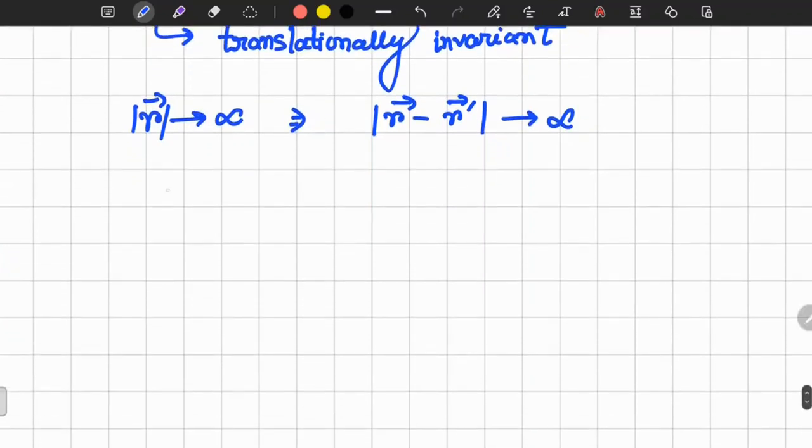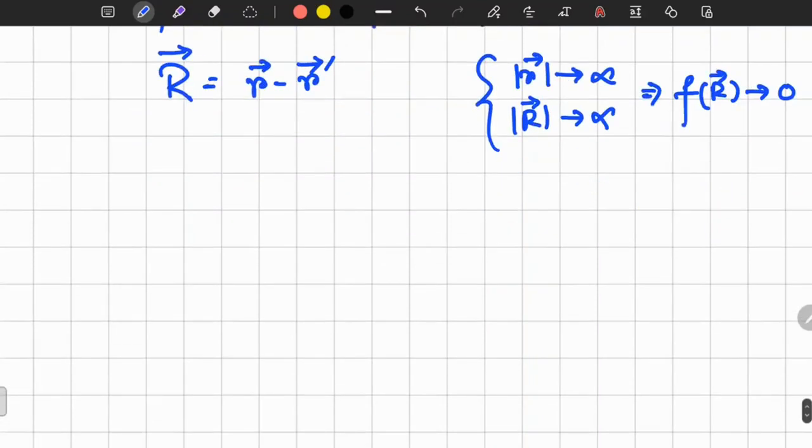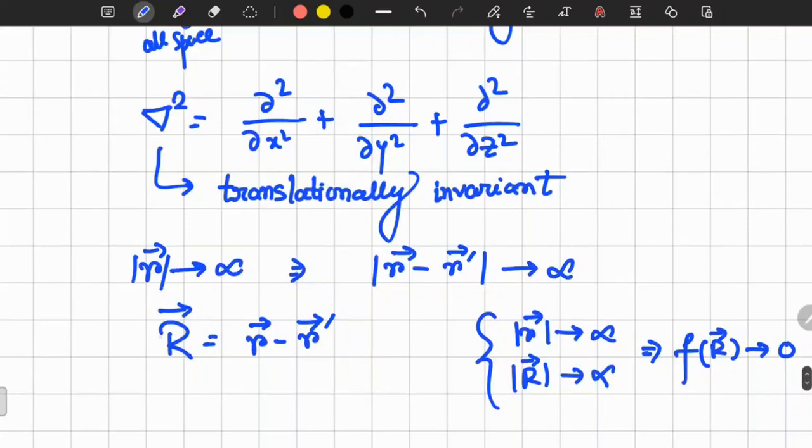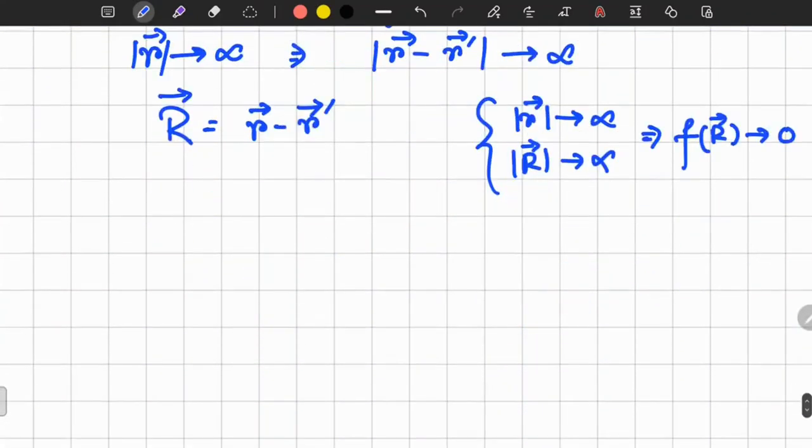If we define capital R by this, then when r tends to infinity, R also tends to infinity. Under this limit, fr also tends to 0. So we can replace r here by capital R.